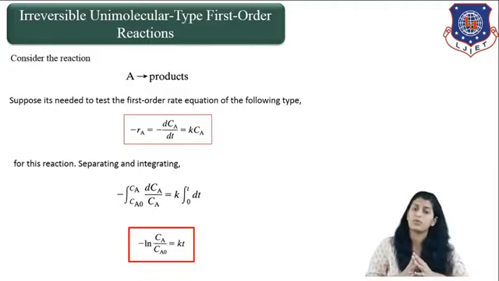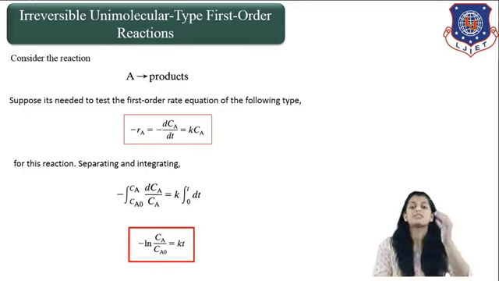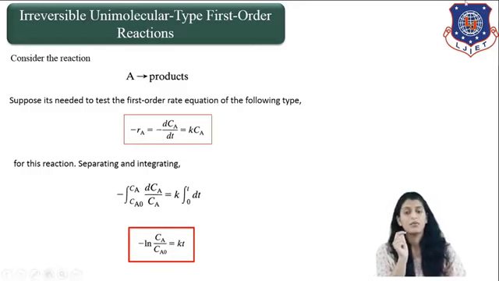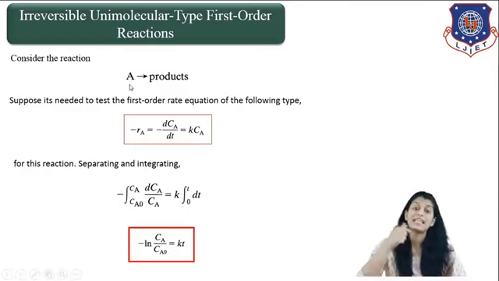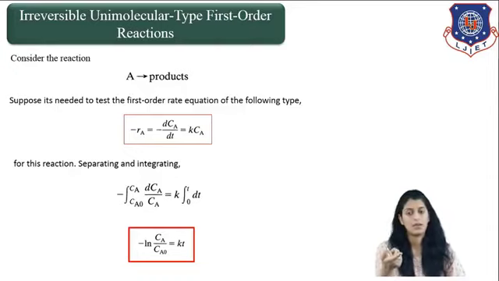For doing this particular derivation, we need to start with an assumption. Let us consider the given reaction as A, which is our given reactant, getting converted into product, right? Now, suppose it's needed to test for the first order system. As we said, it is a first order system.